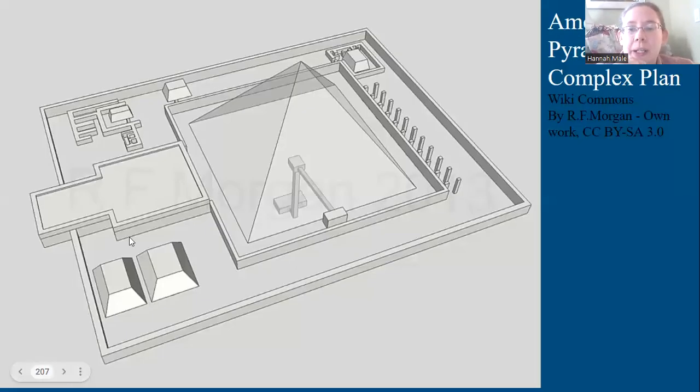This is a possible reconstruction of one of the 12th dynasty rulers, Amenemhat I. This is a reconstruction of his mortuary complex in that general Lisht, Fayum region.